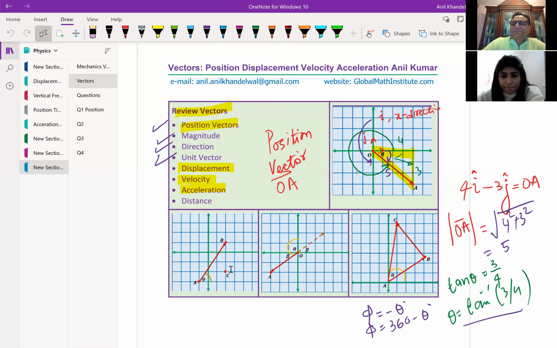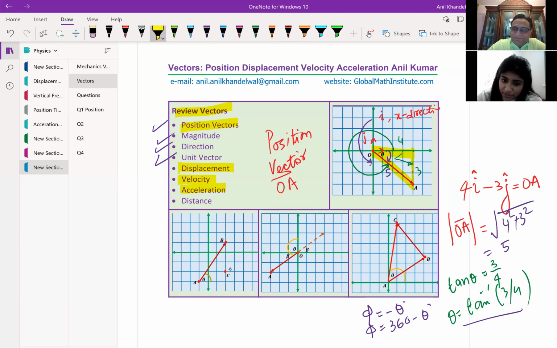And then the last question was quite important, I thought. With the last one, we've got the vector A to B and then B to C, and we wanted to find the total distance.